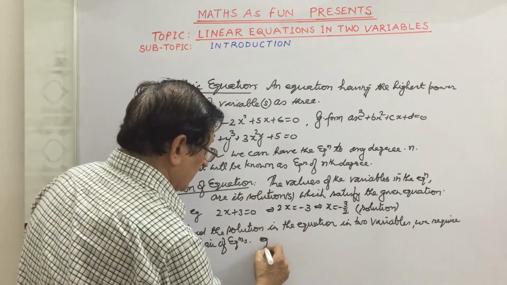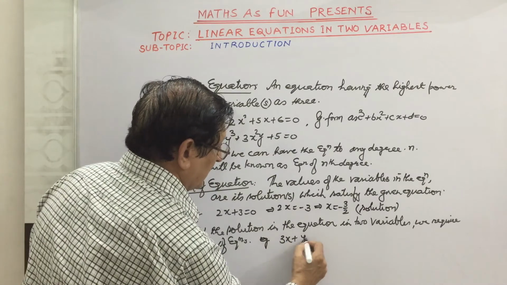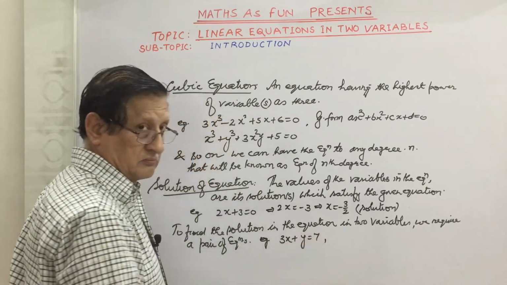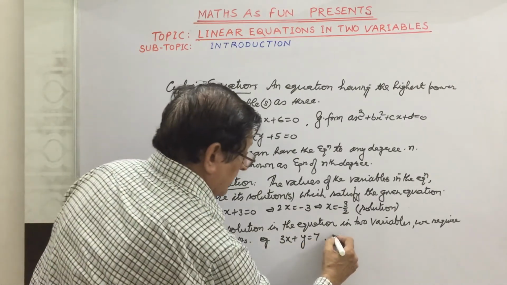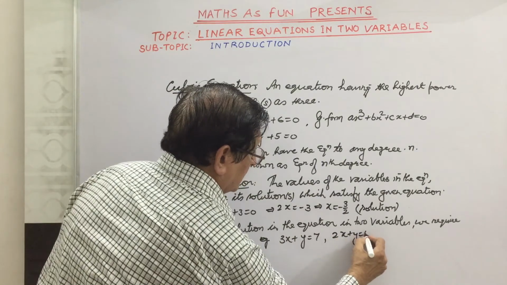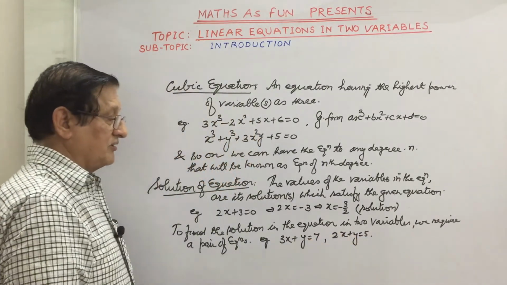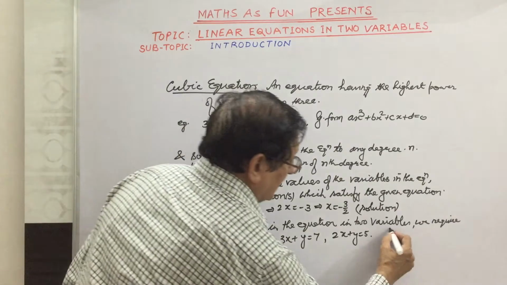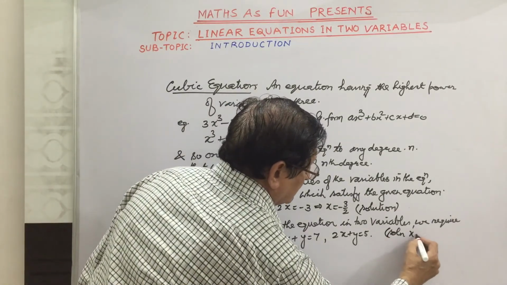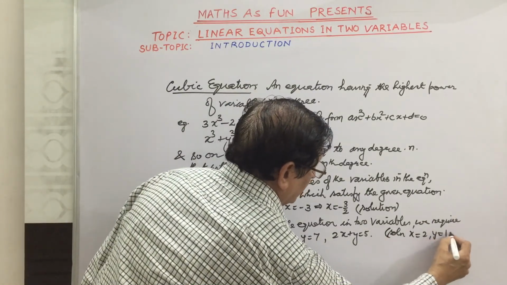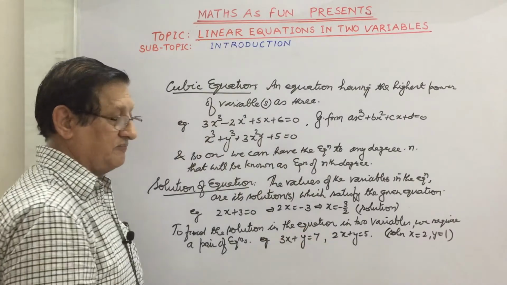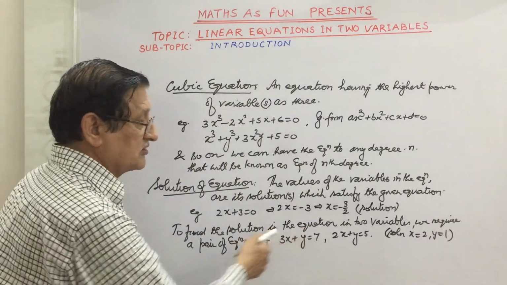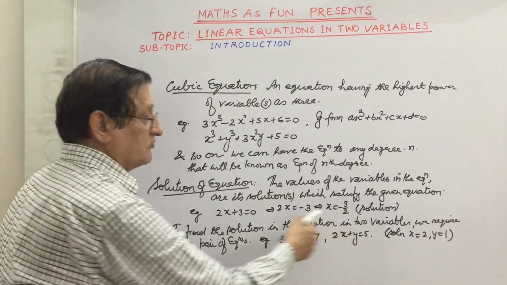For example, we can have 3x plus y equal to 7 and 2x plus y equal to 5. We can find the solution of them, and that is x is equal to 2, y is equal to 1. You can see both are satisfied by that: 3 times 2 is 6 plus 1 is 7, and 2 times 2 is 4 plus 1 is equal to 5.